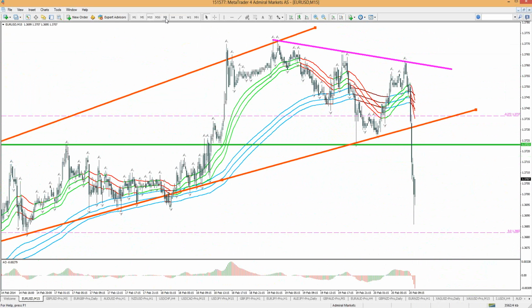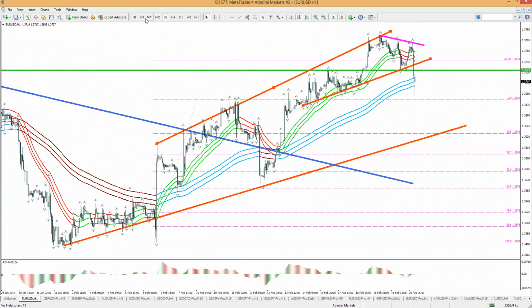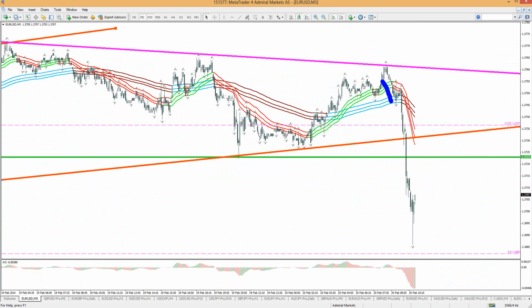That looks pretty bearish. From an hourly perspective, we're just back at the moving averages. But if we zoom in and look at it up close, this is a pretty strong impulse. That looks like a potential change to me. It is a very strong move down.